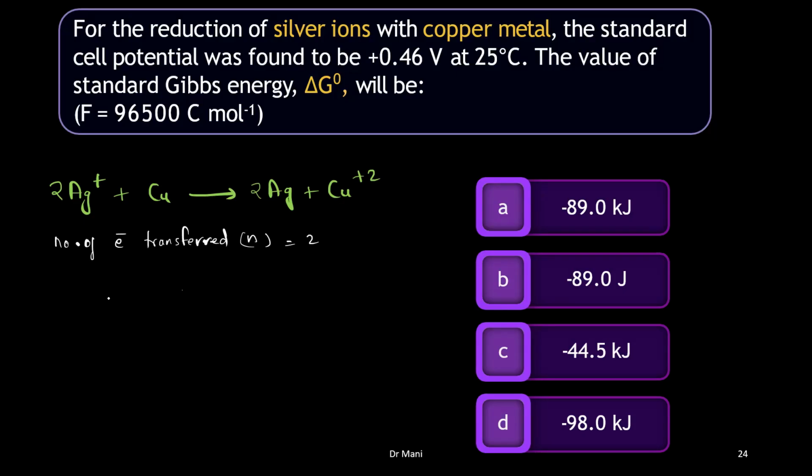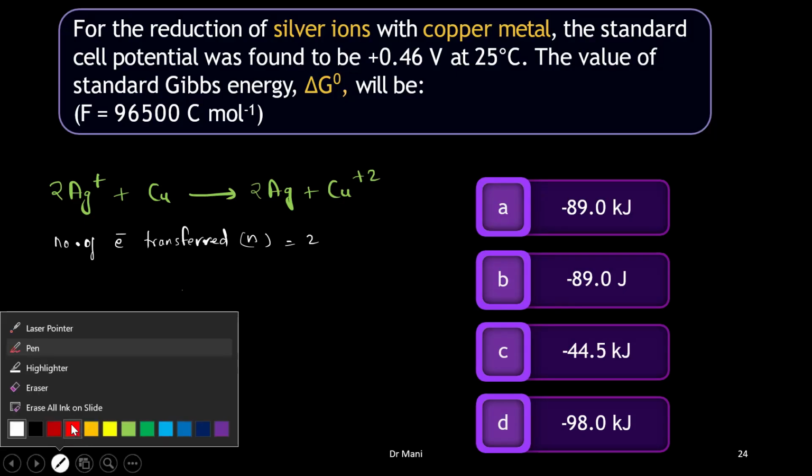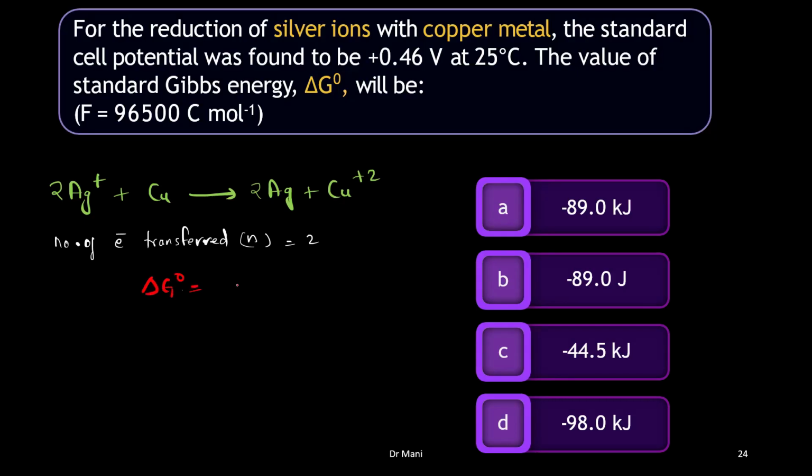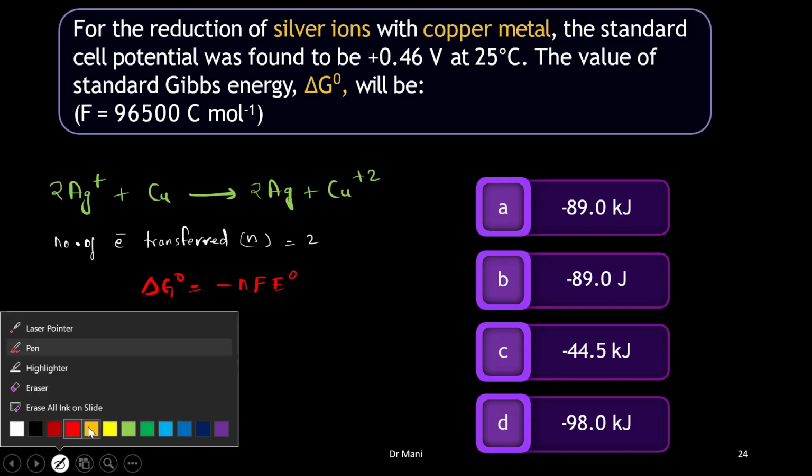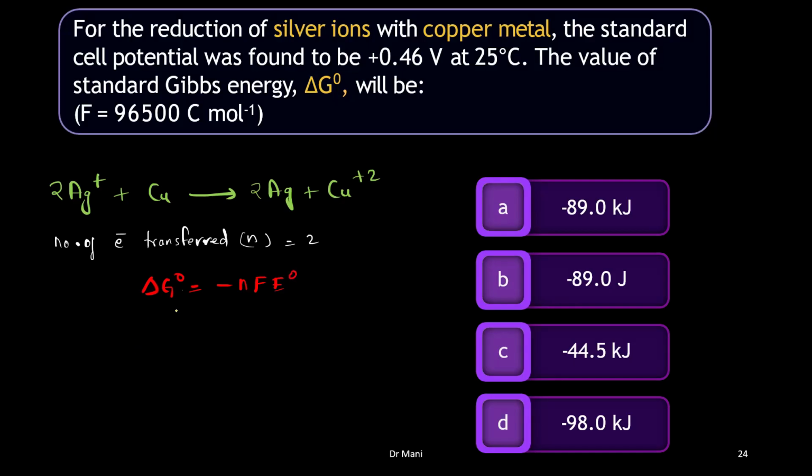So I know the formula: delta G naught is equal to minus nFE naught. So delta G naught, I need to find out. n is 2, F is 96,500, and E naught is given as 0.46 V. If I multiply this, I would get around minus 88,780 joules.